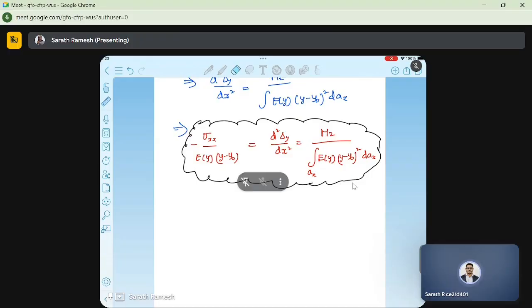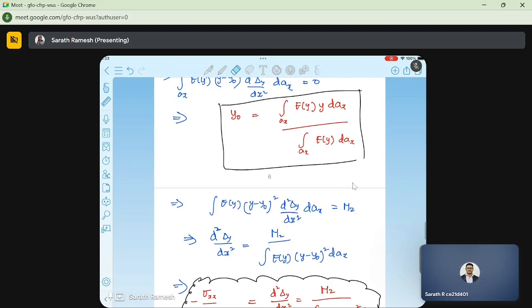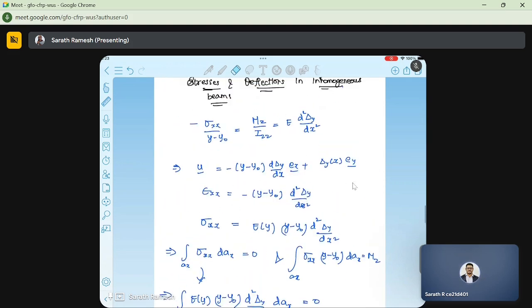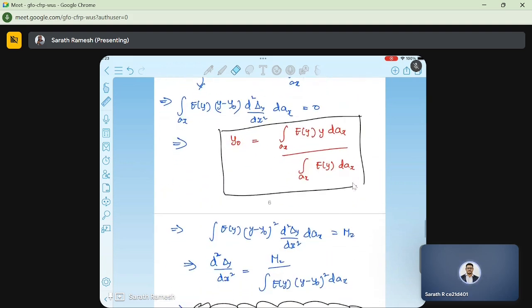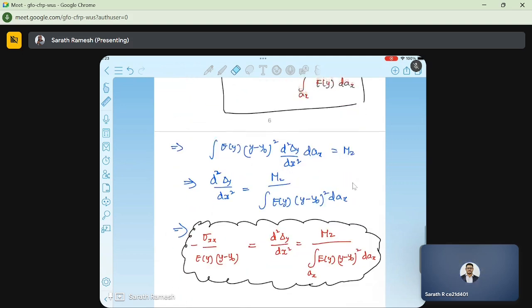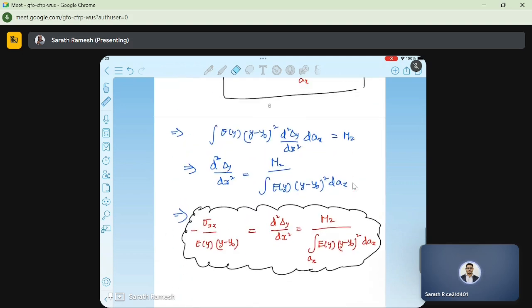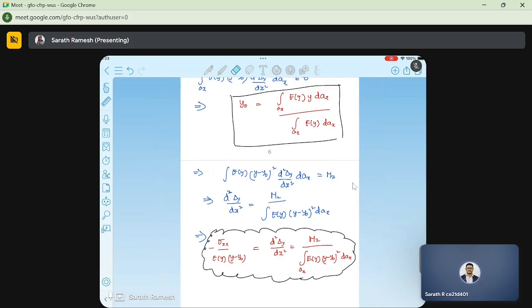Okay, so we have got the expression for the bending equation in a non-homogeneous beam, and it's like this. Now I just want to add one more thing here. Suppose we have a problem of a non-homogeneous beam, the same can be solved in another method also, without invoking integration.